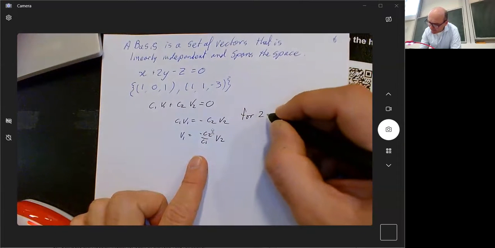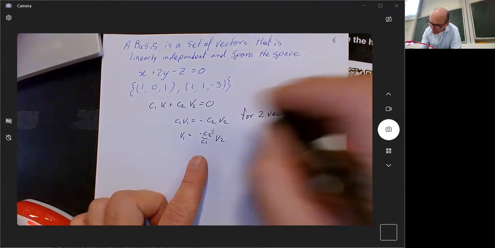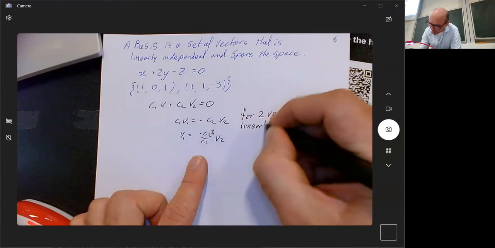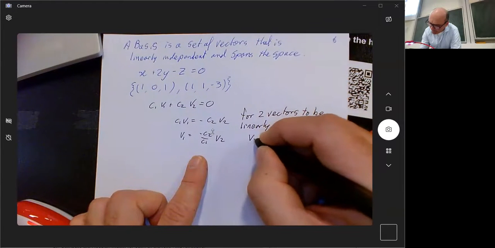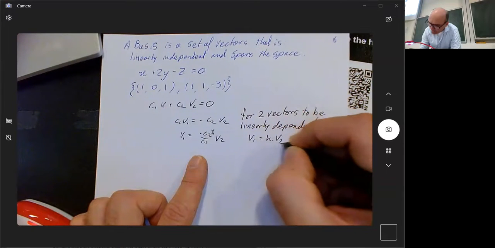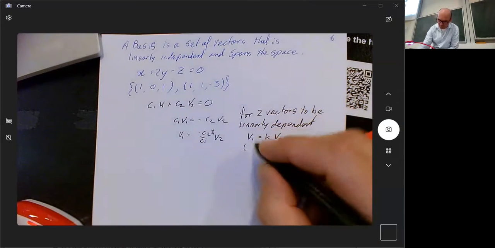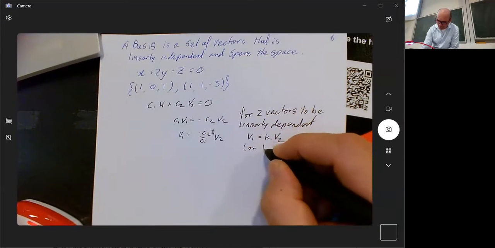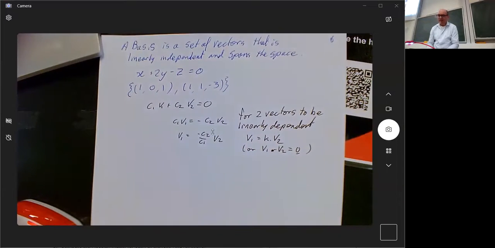So for two vectors, there's a little bit of a caveat: if V1 or V2 are 0, then that would make them linearly dependent, but that's your case where K is equal to 0.